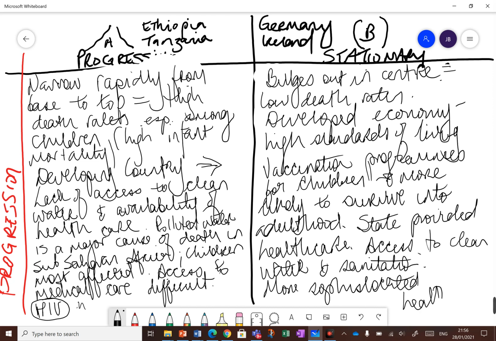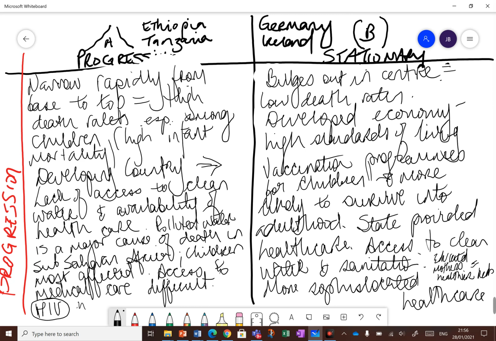Okay. You could also add in here the fact that educated mothers equals healthier kids. Yikes. Oh, sorry about that.